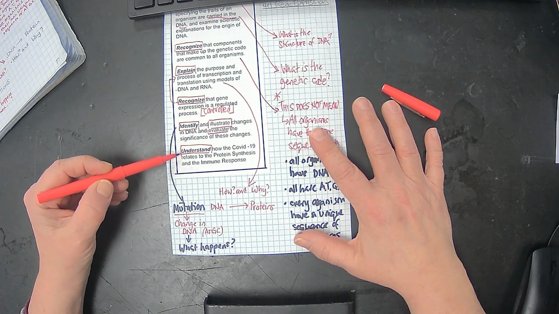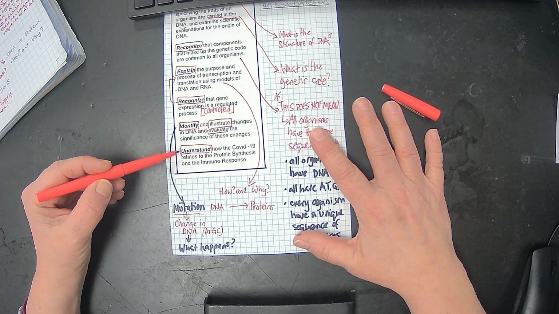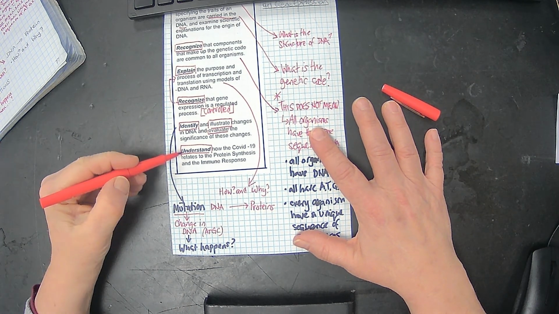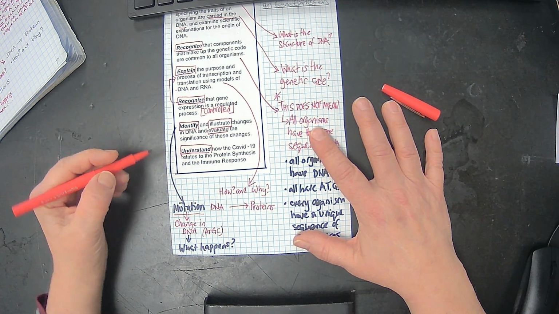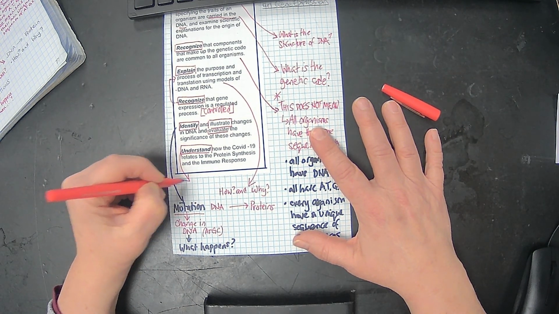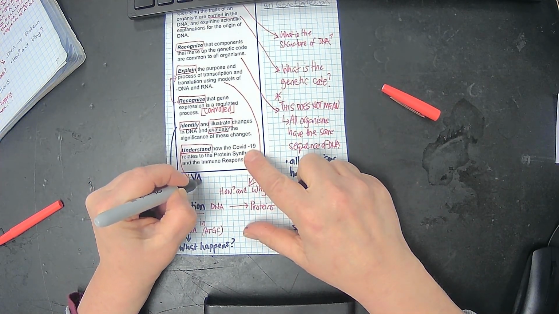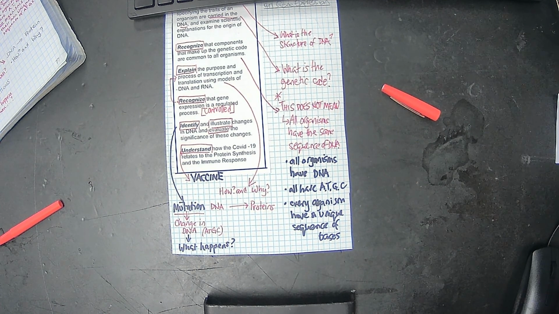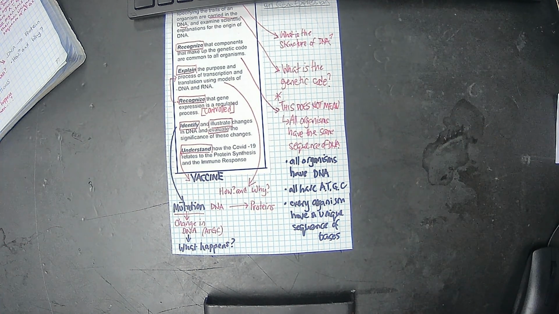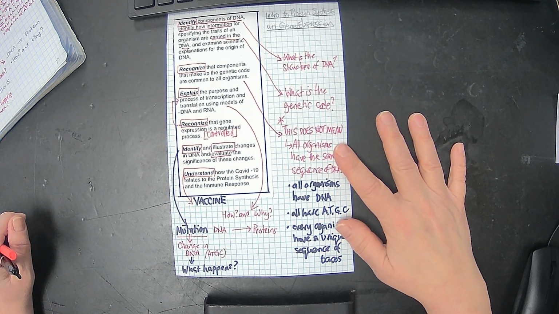Now the last bit, this is kind of a new bit that I've put in here. It does kind of tie in with a lot of our other objectives, but it's understand how the COVID-19 virus relates to protein synthesis and our immune response. The one thing we have heard a lot about lately is vaccines, okay? And we've heard about the mRNA vaccine that we are now using to help people stop getting infected with COVID-19.